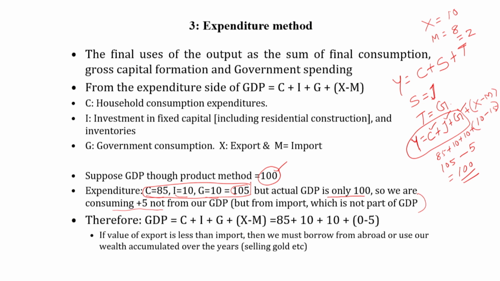To explain this concept, we used the circular flow diagram, where there are three economic agents: households, firms, and government. Then we connected it to the foreign sector. We also looked at the three main approaches to calculating GDP: the production method, or value-added method, the income method, and the expenditure method.